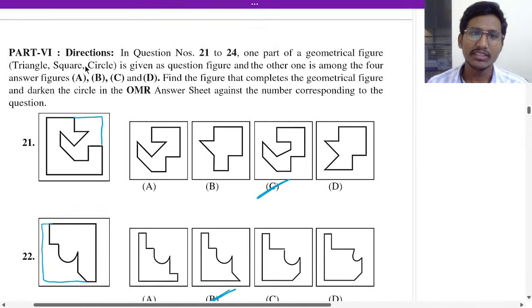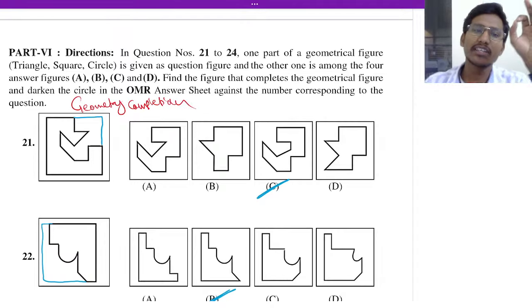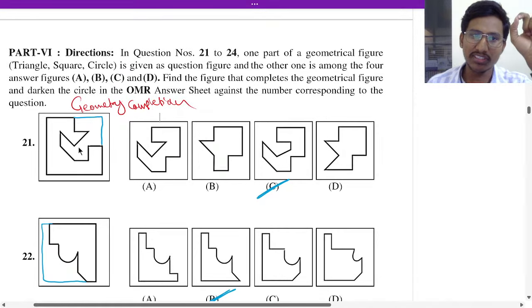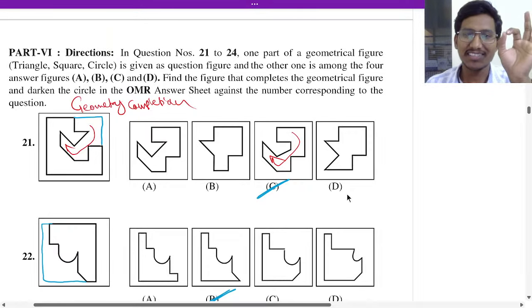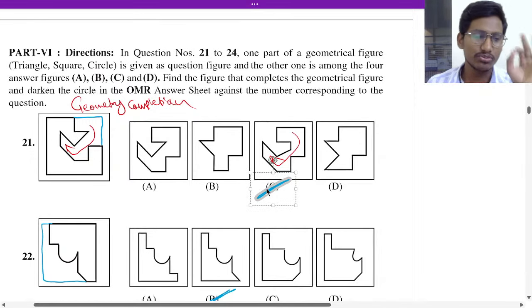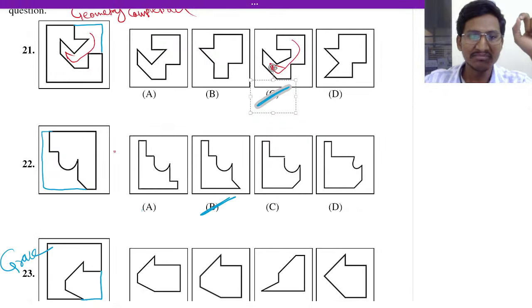So 21 is geometrical figure completion. Geometry completion, right? If you draw it, what answer will come here? If you draw this, this is where it is going. So option C is the answer here. So 21 is C. Understood? Now 22, what is the answer here?